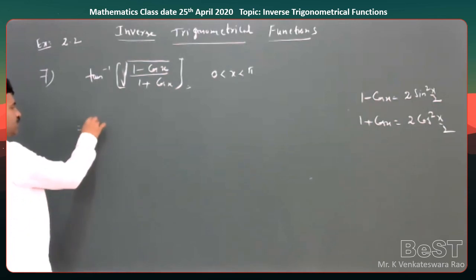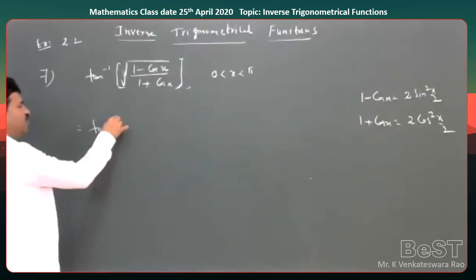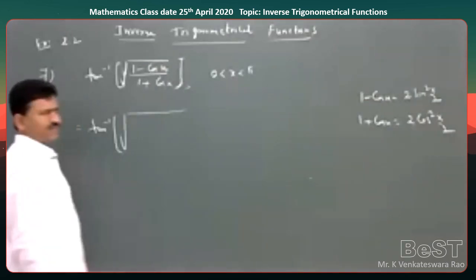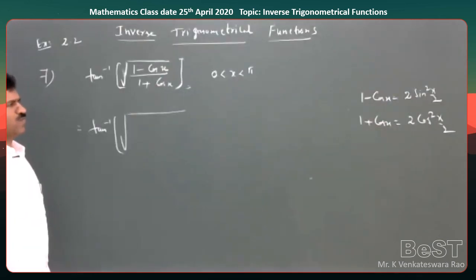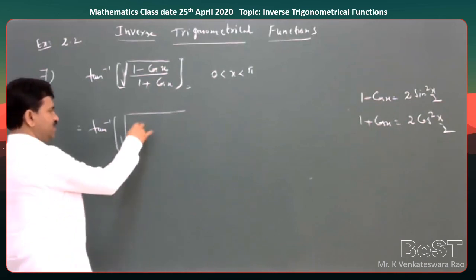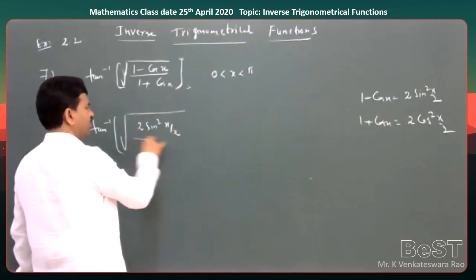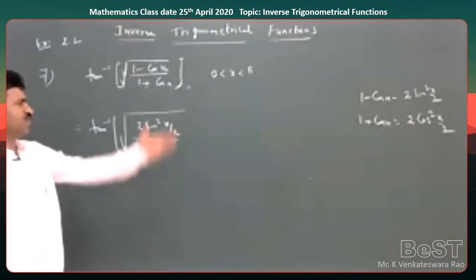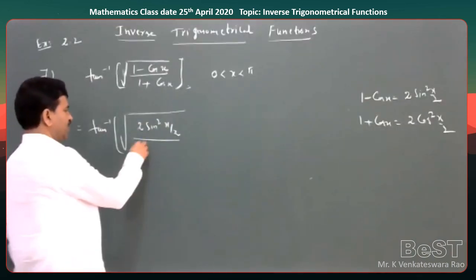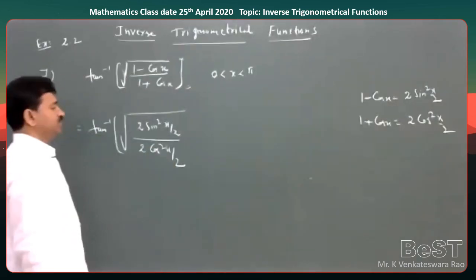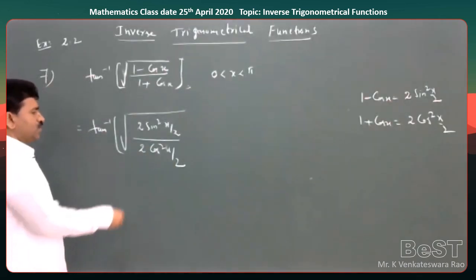So this is equal to tan inverse of square root of, using the 1 minus cos x formula, 2 sine square x by 2 by, using the 1 plus cos x formula, 2 cos square x by 2. The 2s cancel.